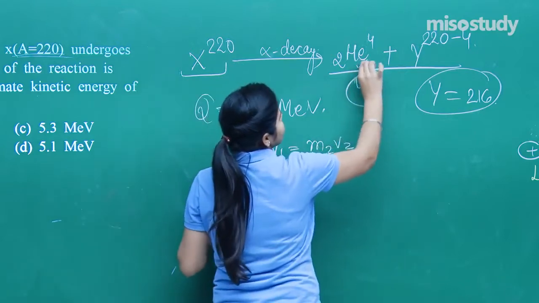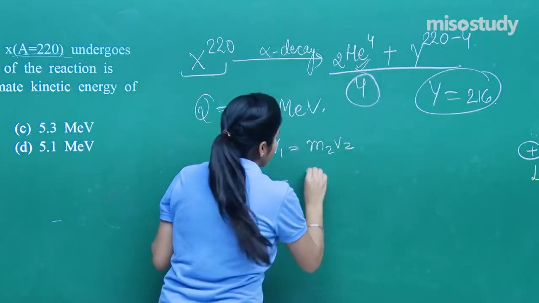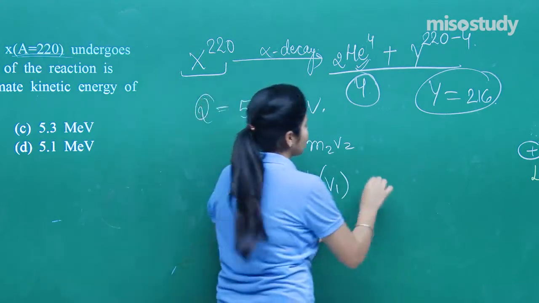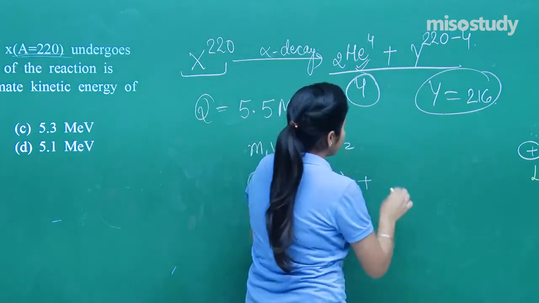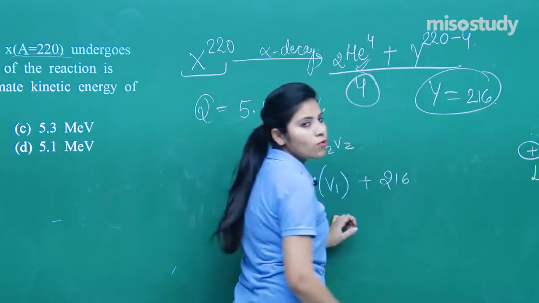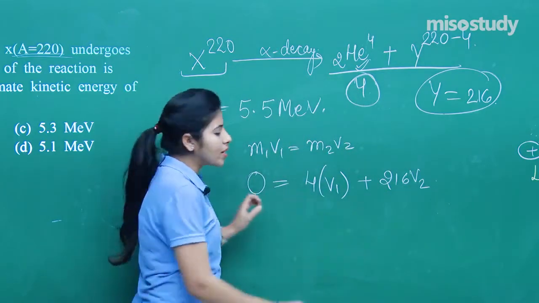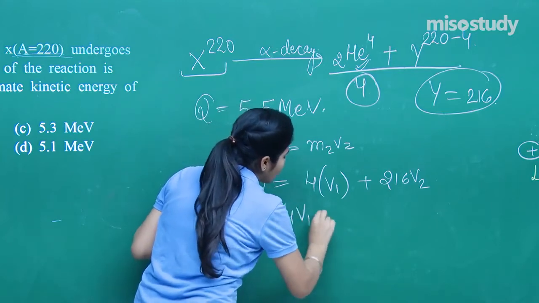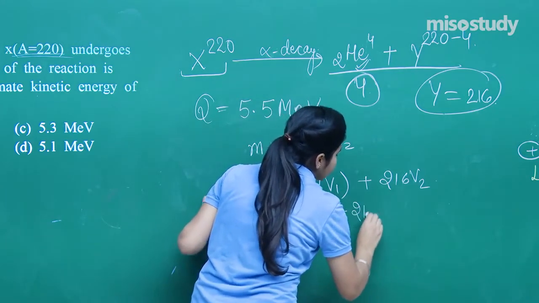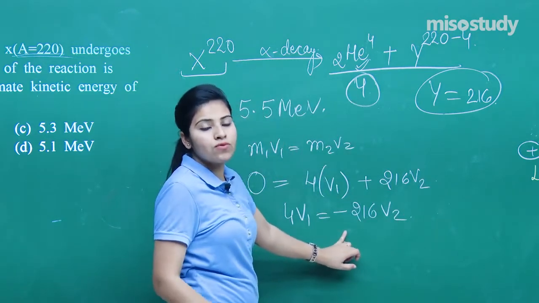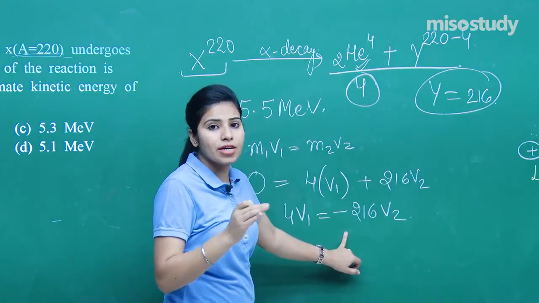Let me consider this as my m1. So that will be m1 v1 plus m2 v2, where m2 is 216 into v2. Now from here you can see that we have 4 v1 equals minus 216 v2. Because we are going to find the velocity, we take it positive.